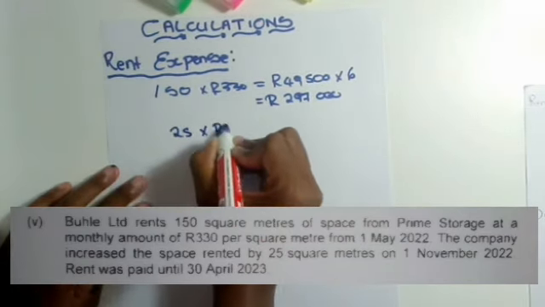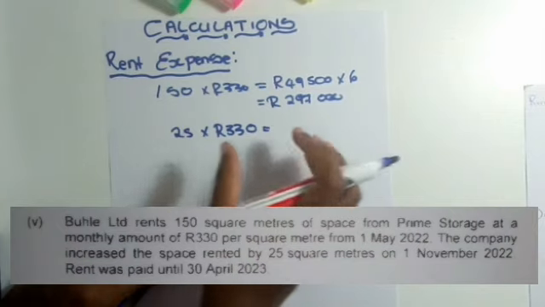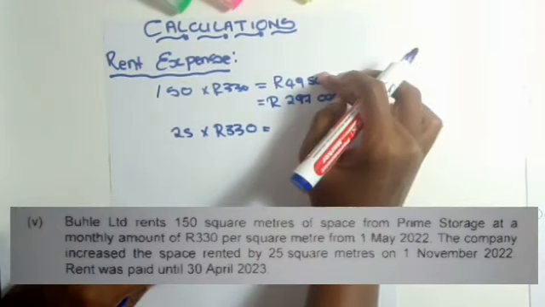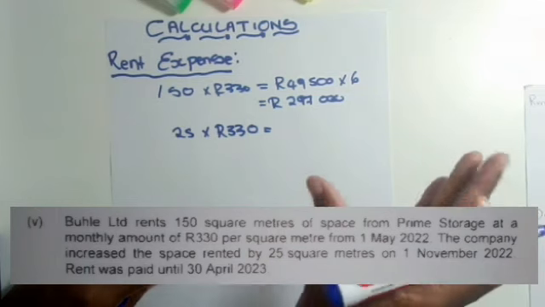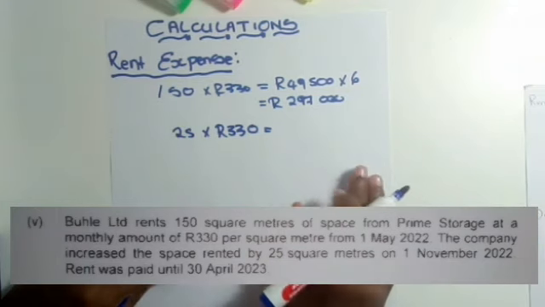We are still paying 330 per square meter. So that means the amount that we paid for an increase for the rest of the remaining months would be an increased amount which we are calculating here, and then that amount will be added to our initial amount, and that will give us a total amount that we've been paying for the remainder of our financial year.